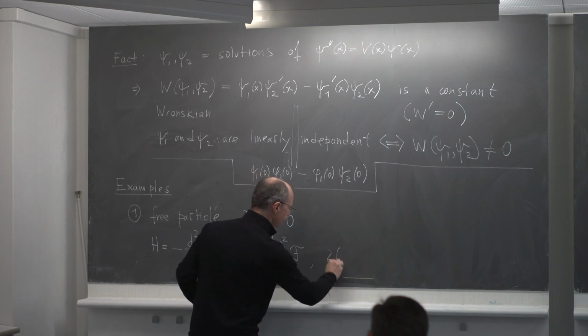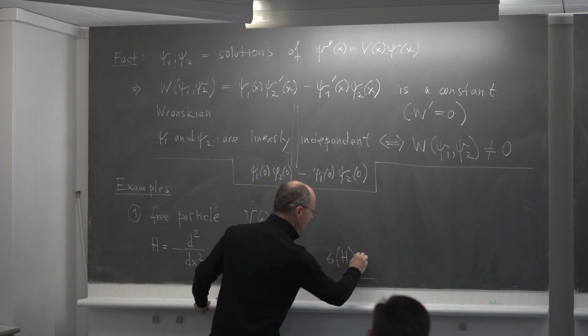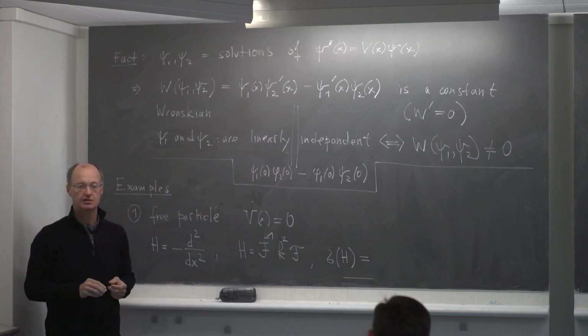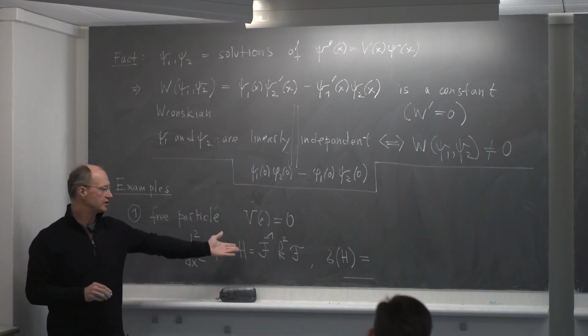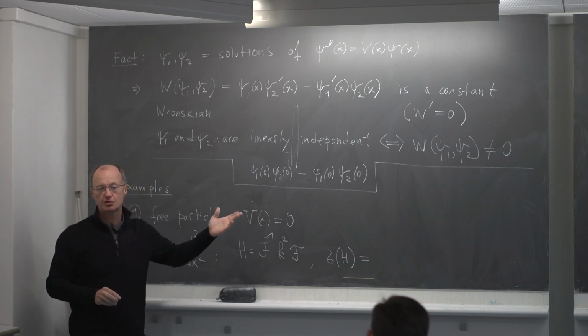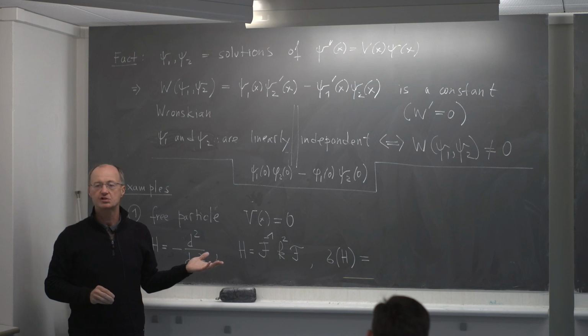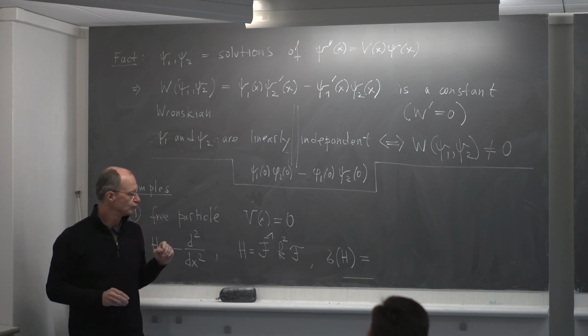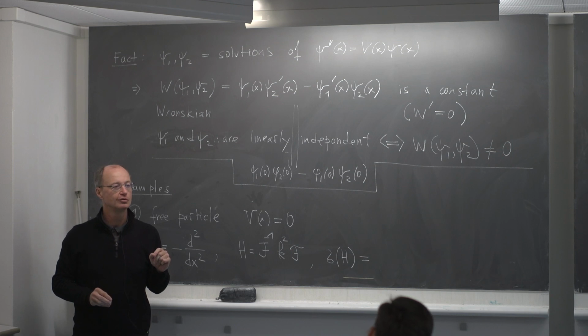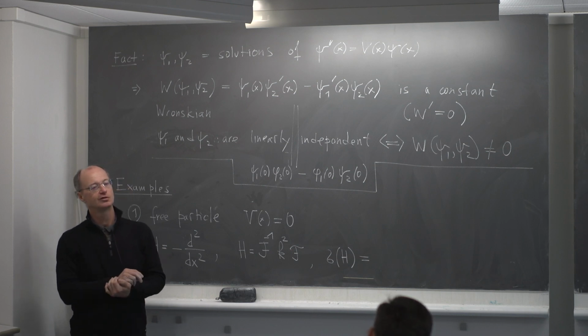Now, what will be the spectrum of this thing? Now it's a multiplication operator by k square after Fourier transform. So what's the spectrum? R? Sorry? R? Not really. No. Absolutely not.